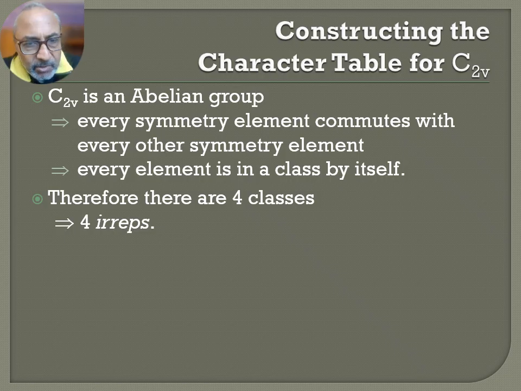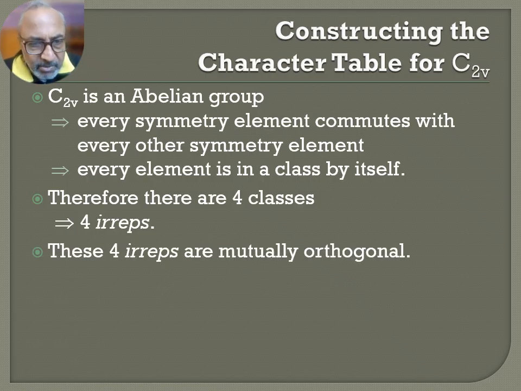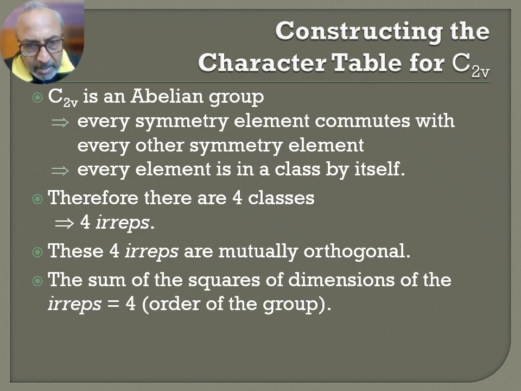Which means there are also 4 irreducible representations, since we just showed from the corollary of the great orthogonality theorem that the number of classes is equal to the number of irreducible representations. And these 4 irreducible representations are mutually orthogonal.